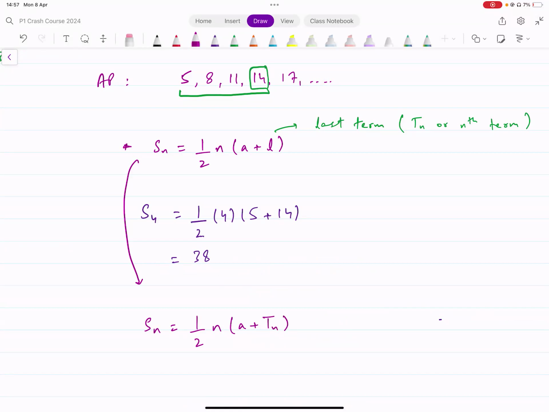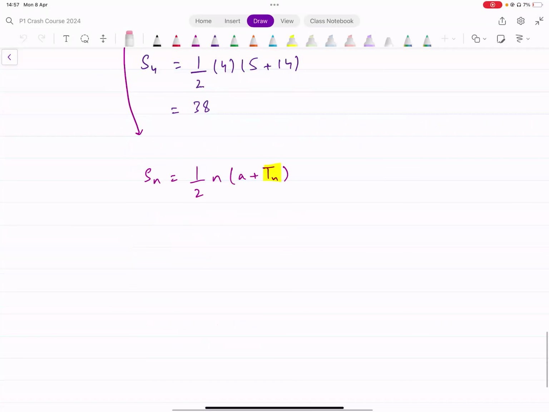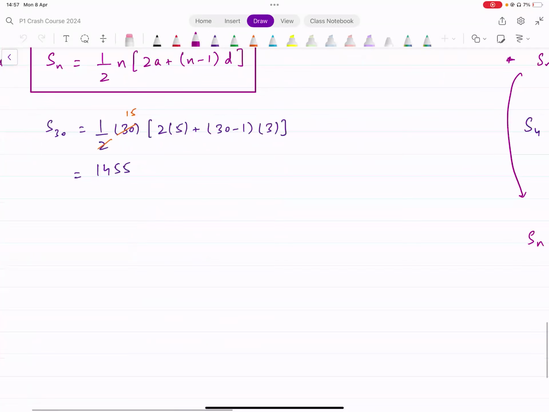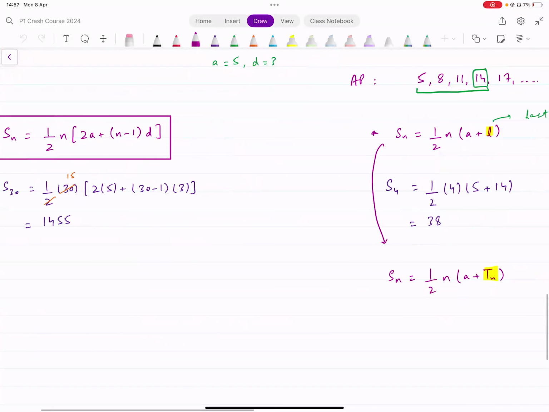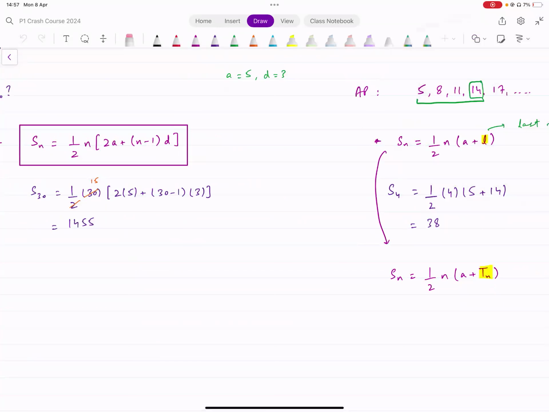So in the formula sheet, you will have L written. L basically stands for Tn here, right? That's what L essentially stands for. So if you want, you can replace it with Tn here, and that will help you understand this better. And now you can see if it is Tn, these two formulas are actually the same in a way. So this formula that we have here on the right side, it's the same as that earlier formula.